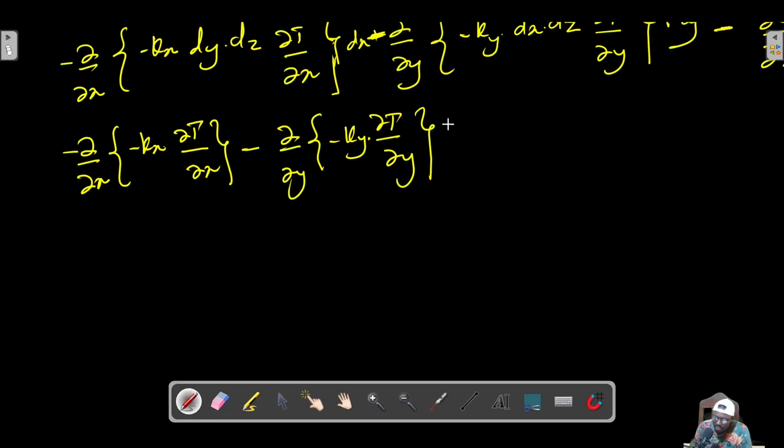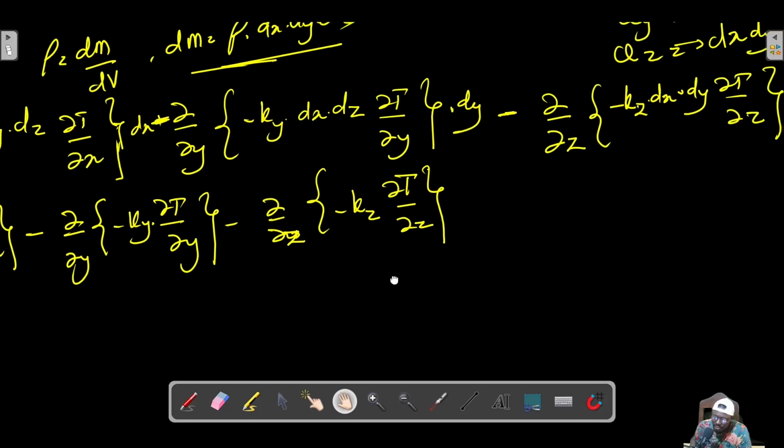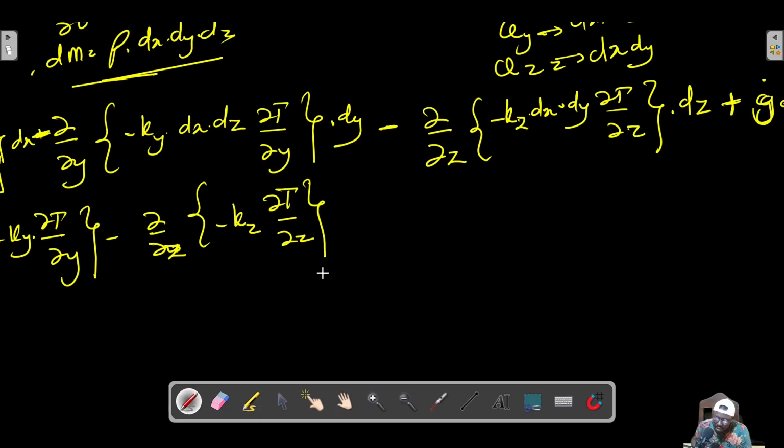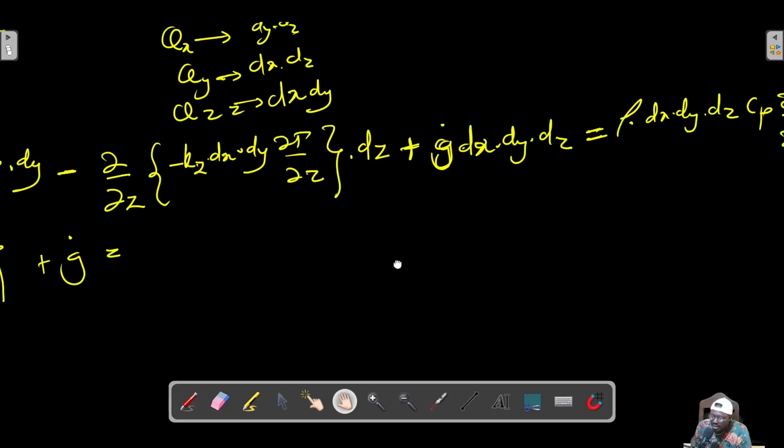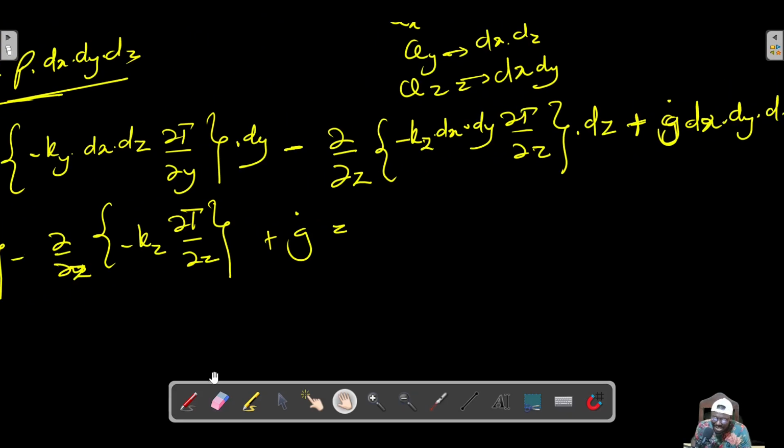Now we end up also getting ∂/∂z of (-kz ∂T/∂z), plus g dot is equal to the density multiplied by Cp, ρ Cp ∂T/∂t.